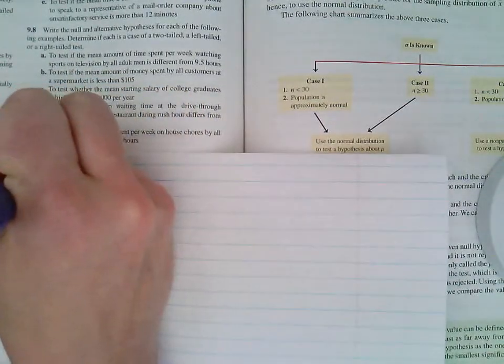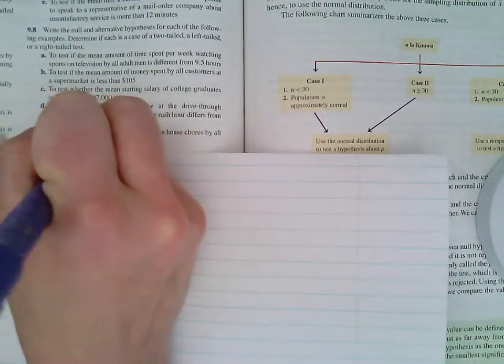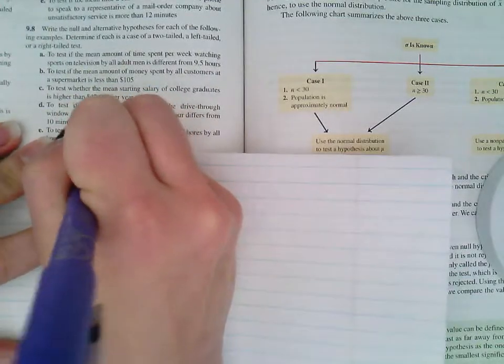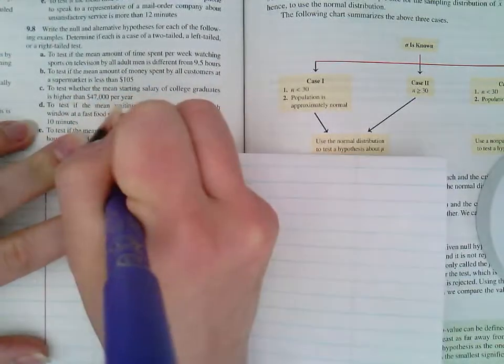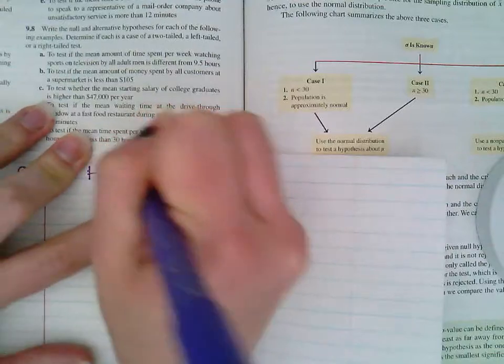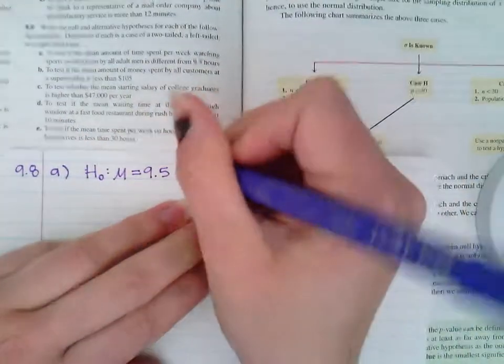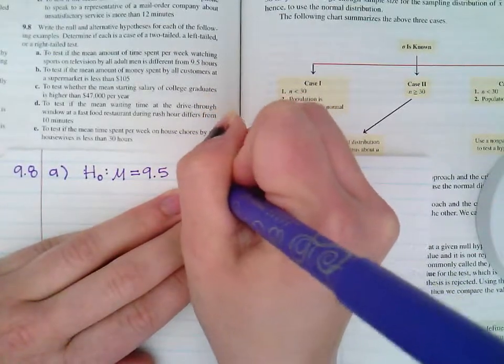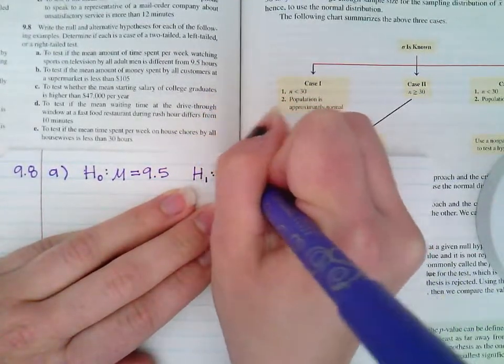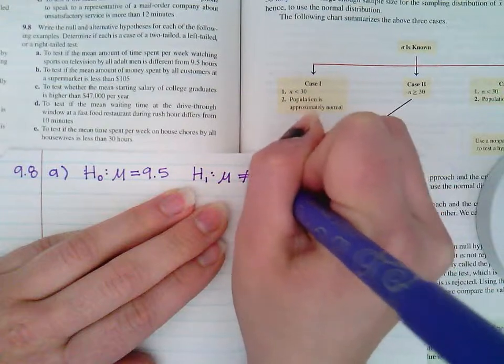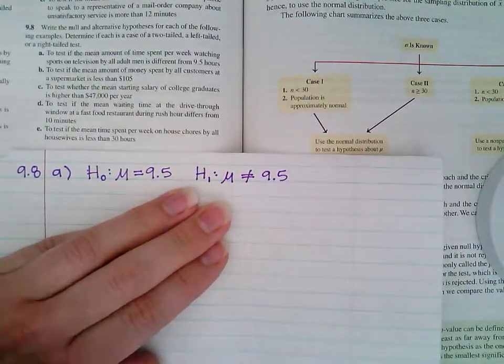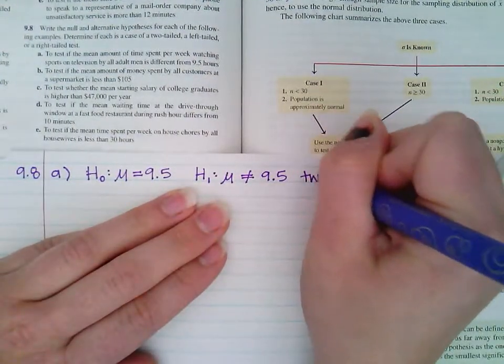So my null hypothesis is that the mean amount is 9.5 hours. And since it says is different from, my alternative hypothesis is just not equals to, which means this is going to be a two-tailed test.